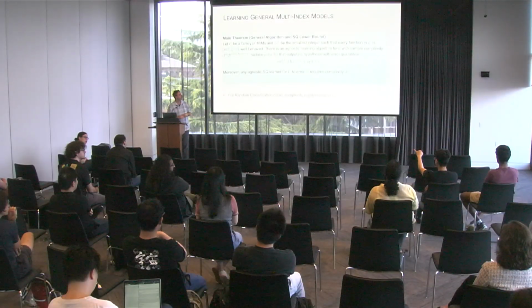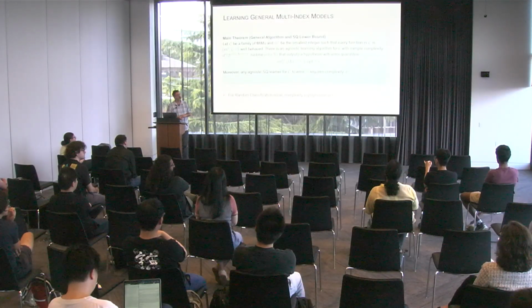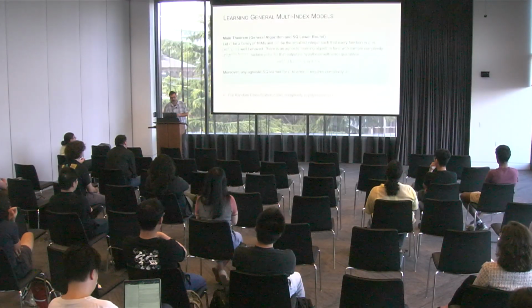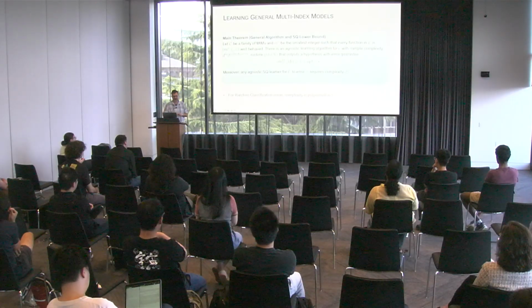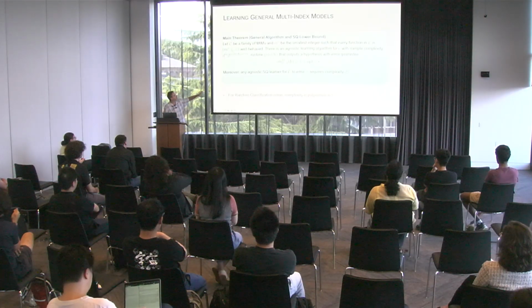Is there another question, Jerry? For the SQ lower bound, you could hope to still get the 2 to the poly k, right? Absolutely. The correct dependence here is only as a function of d. The dependence on the rest is not necessarily optimal.